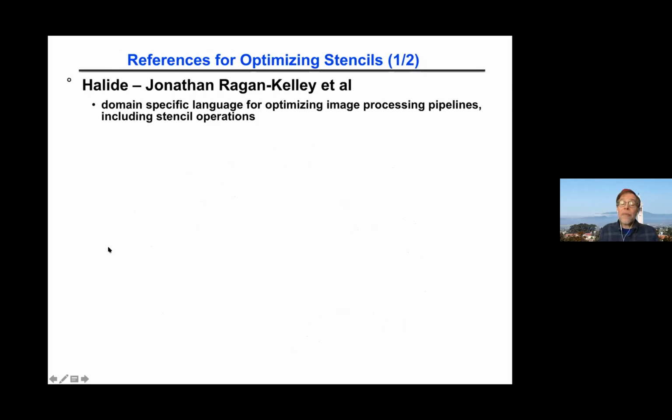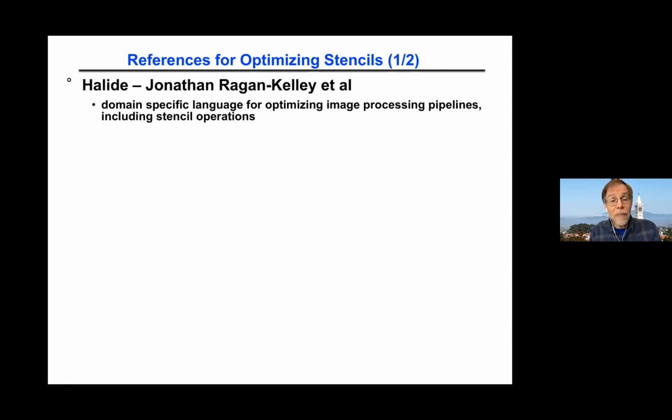So there's been an enormous amount of work on optimizing these kinds of stencil operations, and lots of tools exist that people have built, not necessarily for the optimization I just told you about, which is one we developed here, but there are lots of tools that you should use that try to do a very good job of mapping your stencil operations to all of the low-level details on your platform. And I just want to give you pointers to these. One of the best known is called Halide.